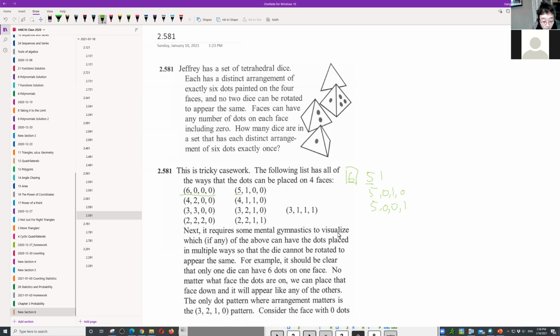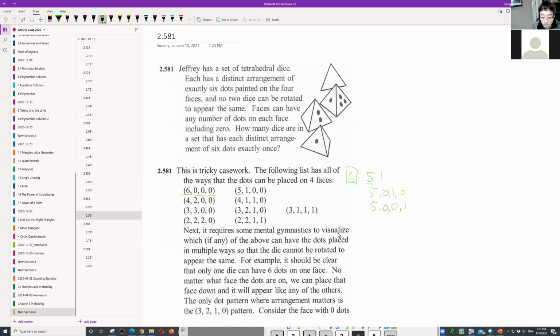But basically this is a tetrahedron shape, and it's asking that no 2 dice can be rotated to appear the same. So those arrangements, you can rotate, because there are 4 different ways you can put the tetrahedron on a table.